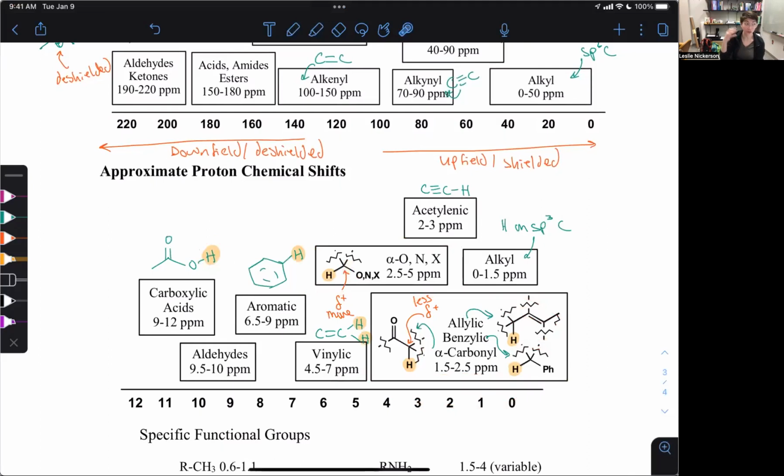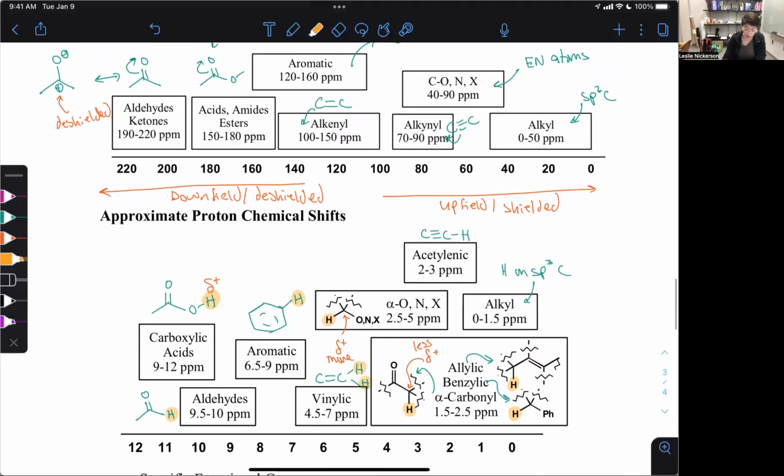You can think about deshielding and acidity together, because this OH bond is fairly weak, since so much electron density is getting pulled toward that oxygen. So this H, being as acidic as it is, is very delta plus. And then our aldehydes we have right there. This is what is going to be easiest for you to use, just in terms of the ranges you're looking for.